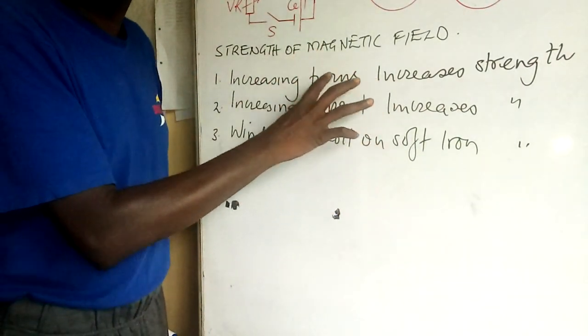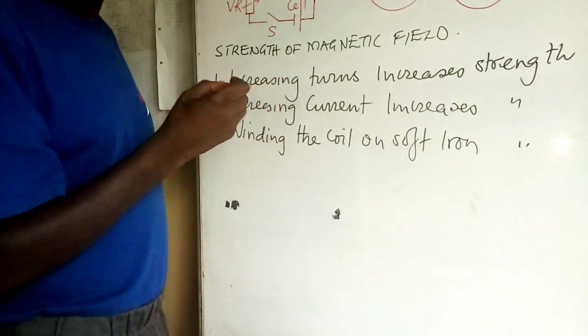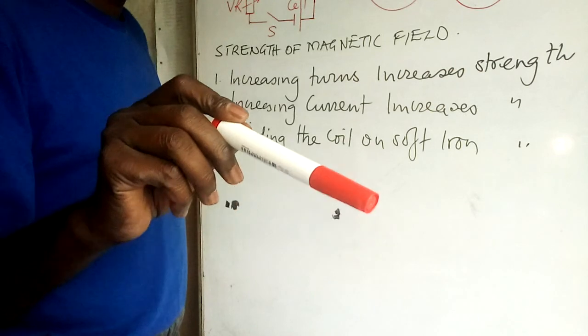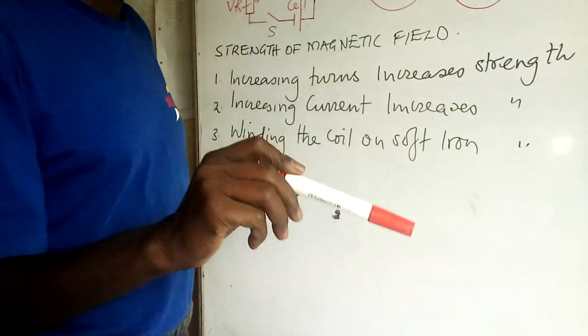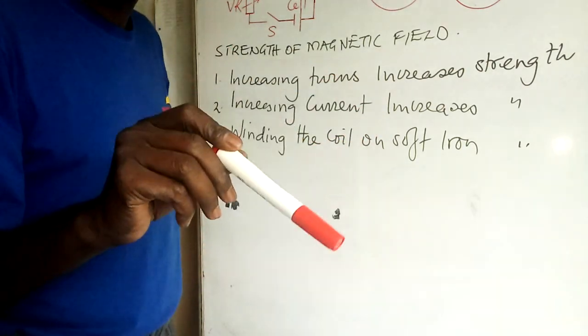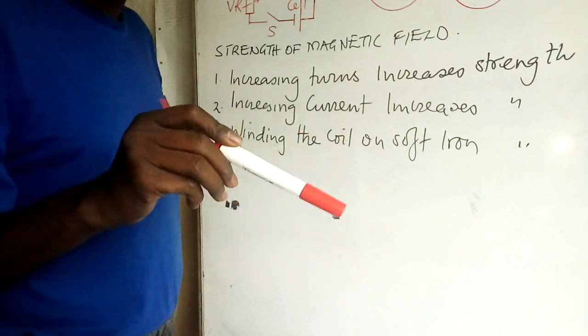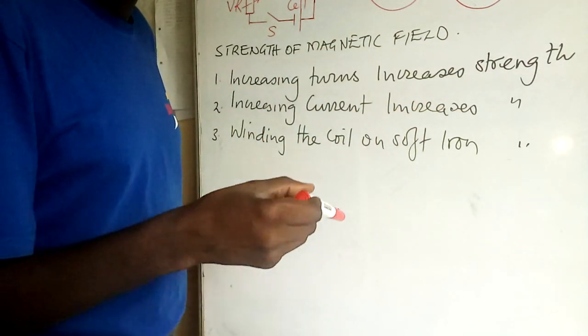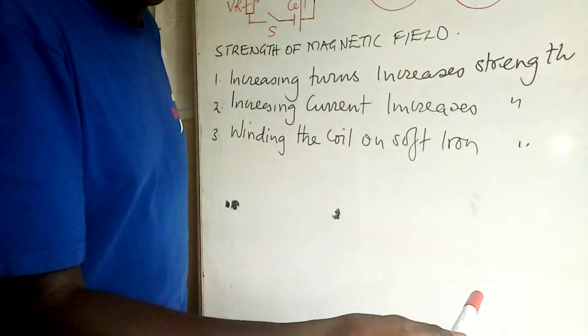If I ask you to state the factors affecting the strength of the magnetic field, please don't just name them. Tell us the factor and its consequence on the field.